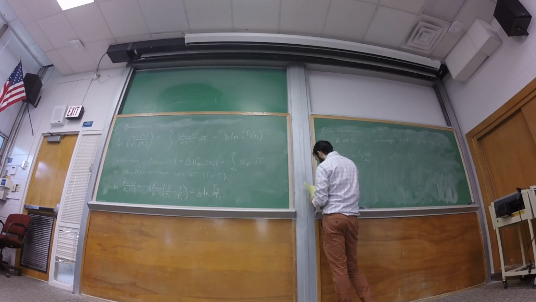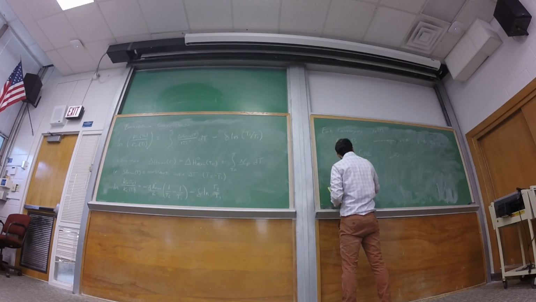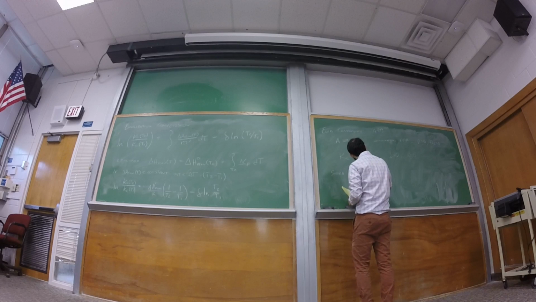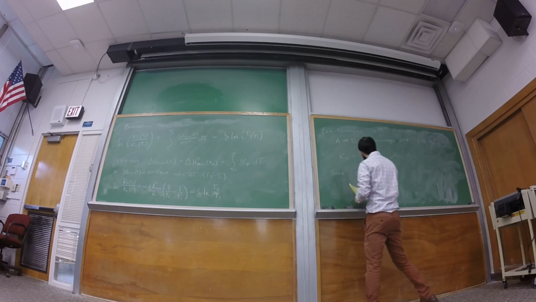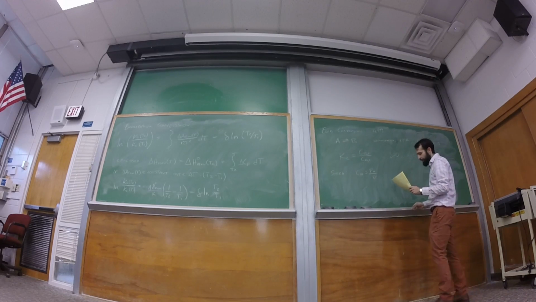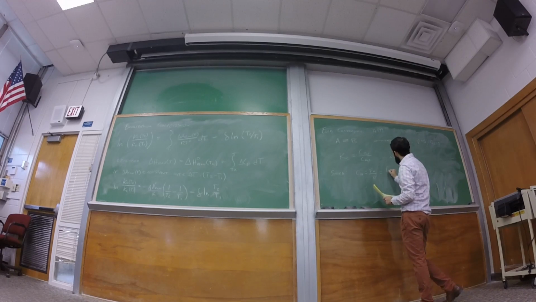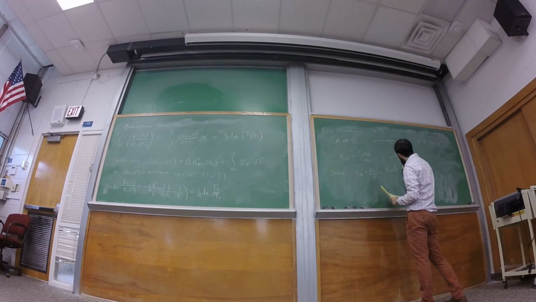And so if we go now to stoichiometry, we get the concentration, it's the flow rate divided by the volumetric flow rate.